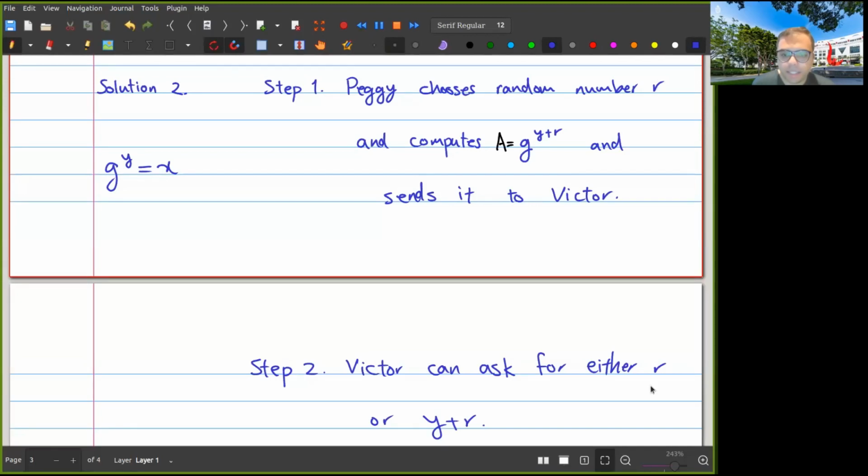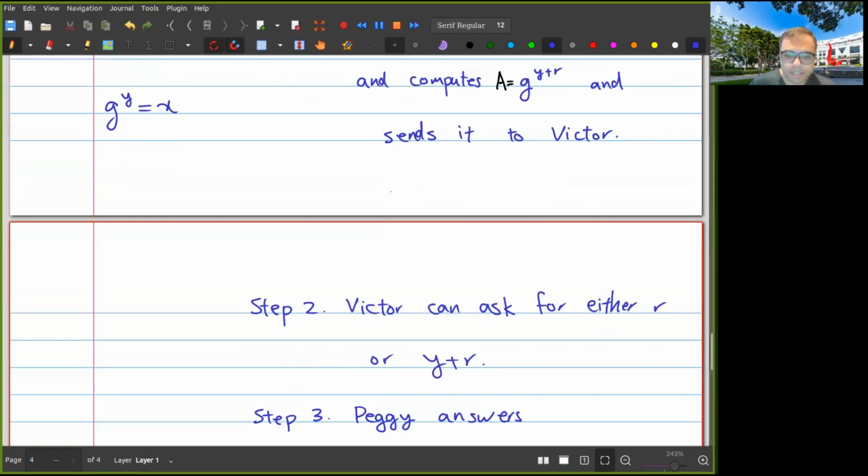So if I'm Peggy, I'm happy with disclosing r, because if I disclose r to Victor, I'm just disclosing a random number that's not going to give him any extra information. And the same thing for y plus r. And now to be more specific, this is not necessarily just y plus r. This is y plus r modulo p minus 1, right?